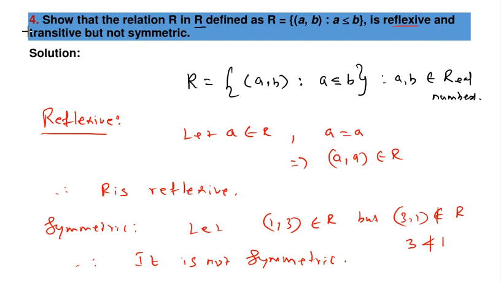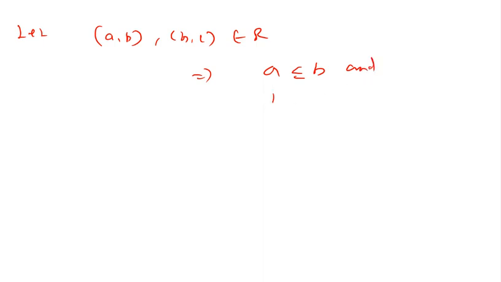For transitive, we can take two ordered pairs. Let (a, b) and (b, c) belong to R. This implies a is less than or equal to b and b is less than or equal to c.